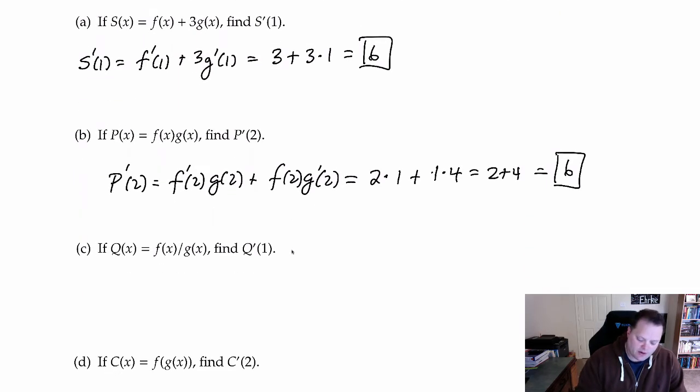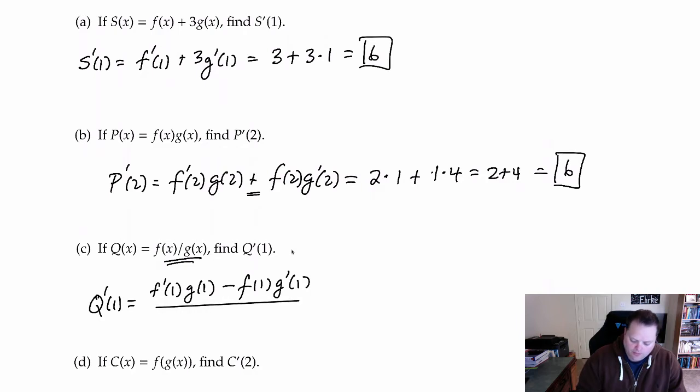All right, so here we have a quotient. This is the f divided by g. So I'm going to have to use quotient rule here. So q prime of 1 would be f prime of 1, g of 1, minus, right? Product rule is plus, quotient rule is minus f at 1, g prime at 1, all over g at 1 squared.